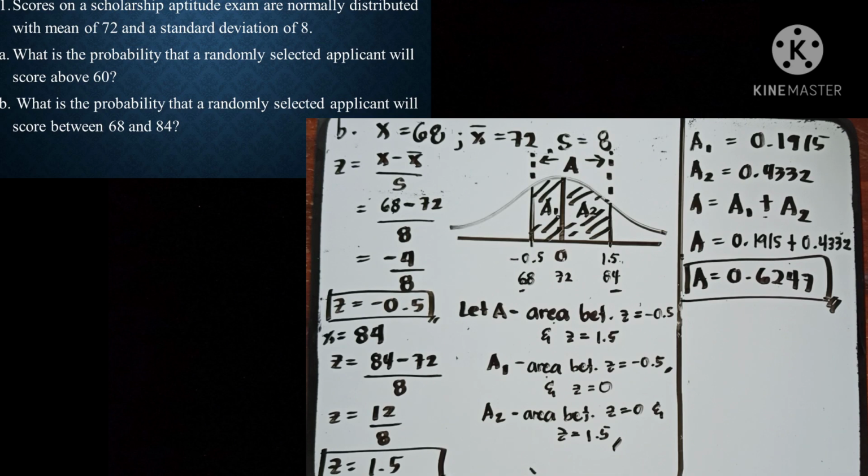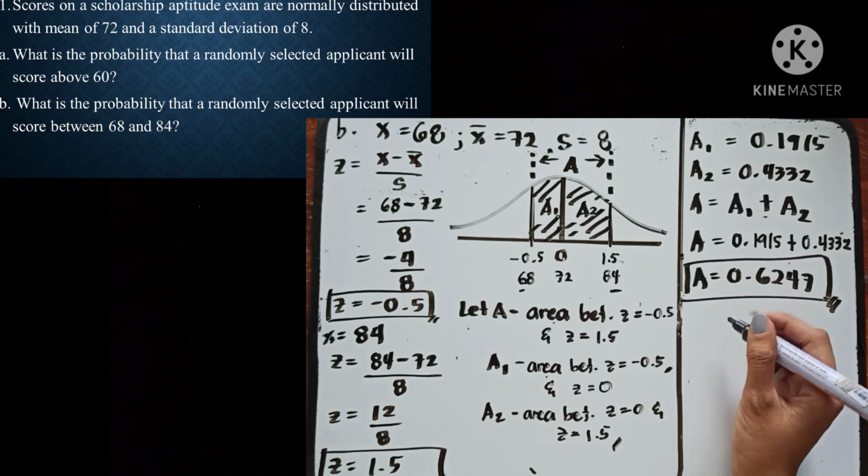So, this is for the area. But then, balikan natin yung question. The question is, what is the probability that a randomly selected applicant will score between 68 and 84?